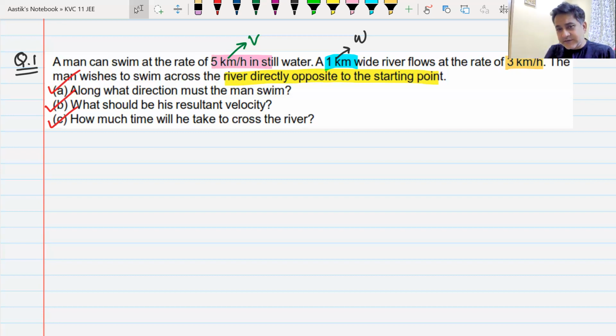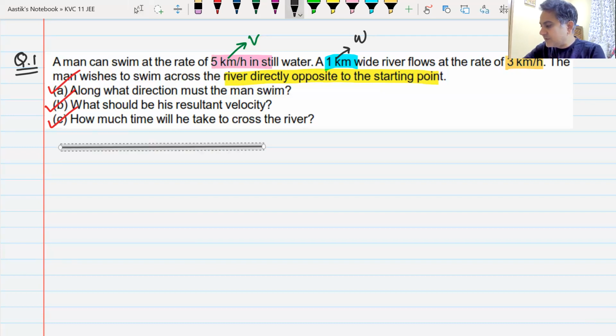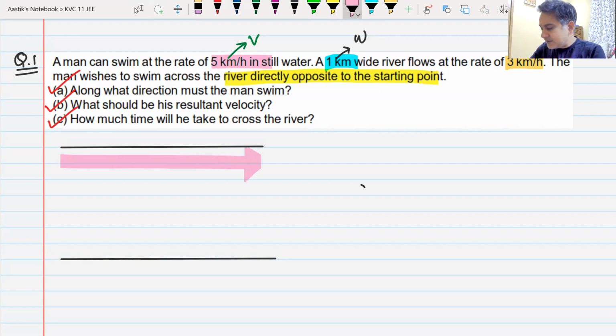From which direction are you giving me this answer? It seems like everyone is confused. If this is how the river is flowing, in this direction, let us assume that the river is flowing. You have given me an answer. From where is this answer?